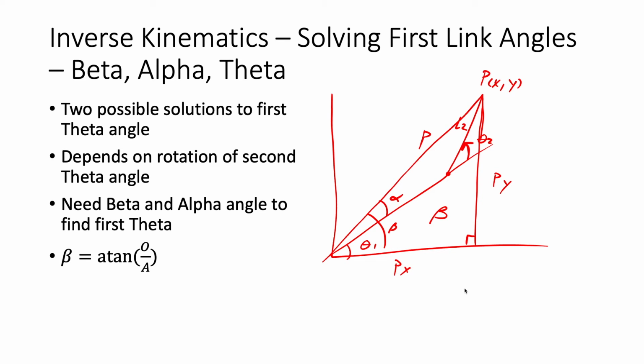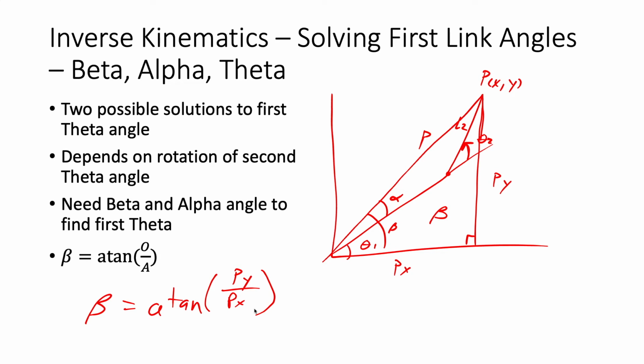Alright, so for this orientation, either way you've got to find beta and alpha, right? So let's go ahead and solve for beta because that's fairly straightforward. Our beta angle is going to be, actually you can do this in different ways, but we already know the opposite and adjacent. We also know the hypotenuse, but we can use py over px to solve for beta.